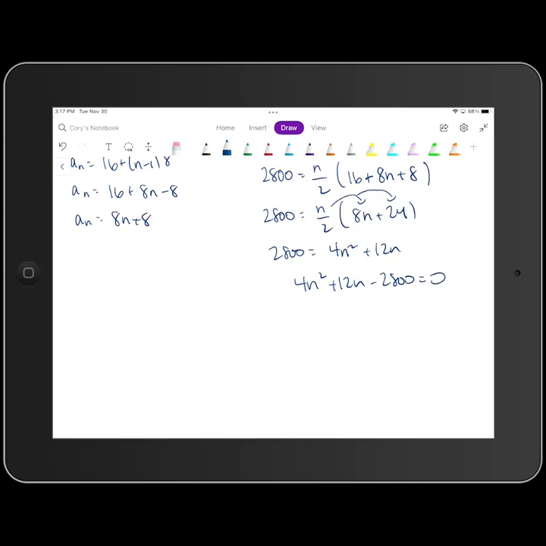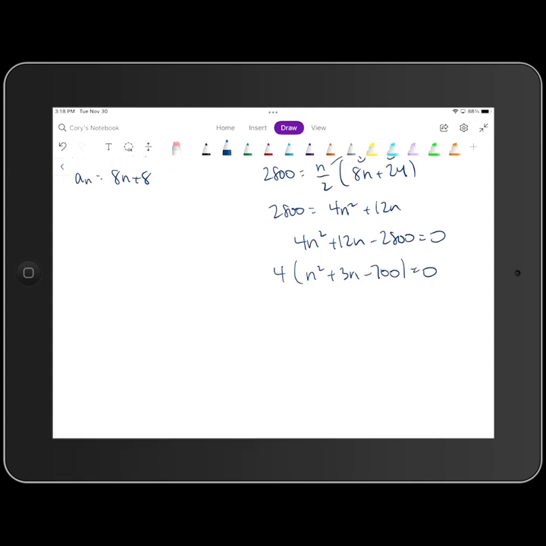And then I can go ahead and factor a 4 out. So when I do so, that gives me n squared plus 3n minus 700 is equal to 0. And this, it's not easy to factor, but it's easier than the previous one.